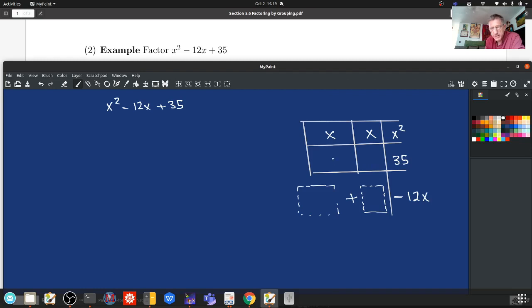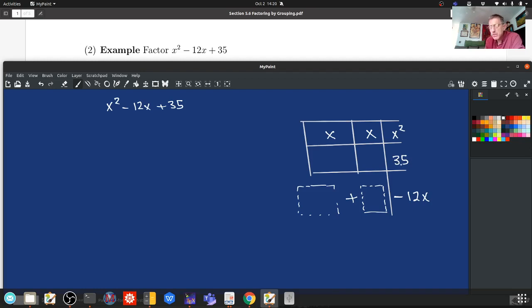Say this was 7, so that would be 7x. And if this were 5, 7 times 5 is 35, that would be 5x. But when I add them together, I have to get minus 12x. So that's going to cause some thinking. This is positive, and this is negative.